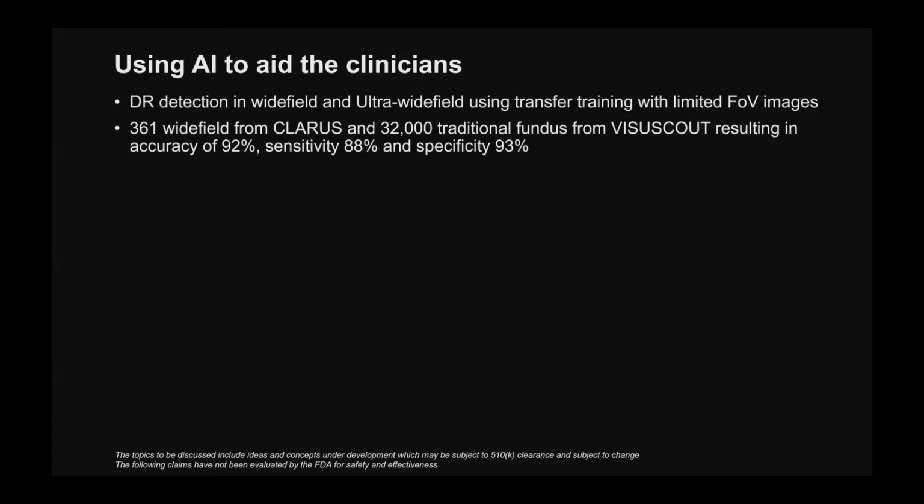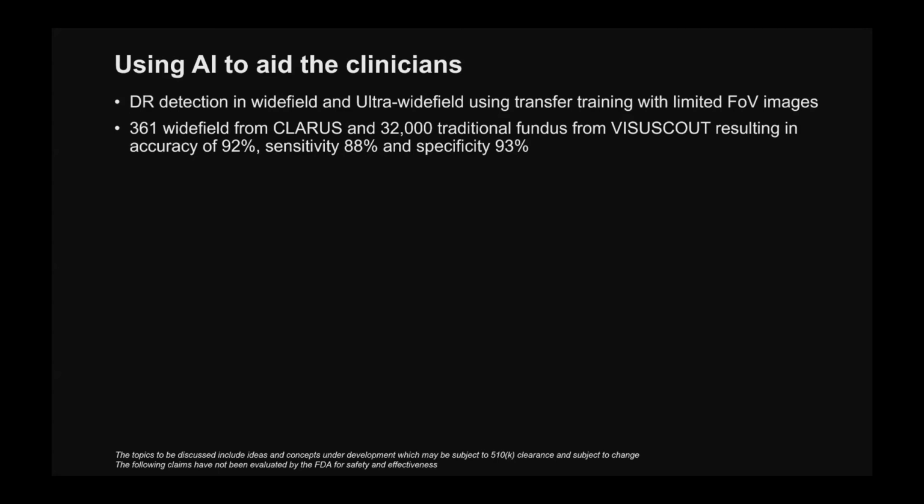What we saw in the last slide is more of a DR screening process. What I'm talking about now here is more DR severity detection. The main bottleneck in developing a good performing diabetic retinopathy detection algorithm in wide field and ultra wide field images is just the lack of data.